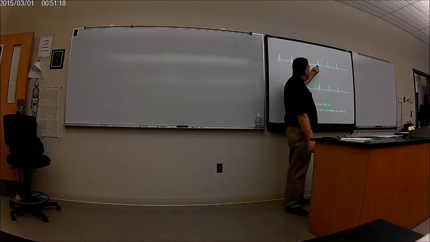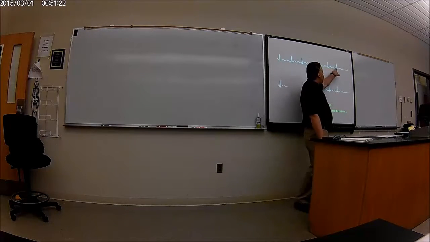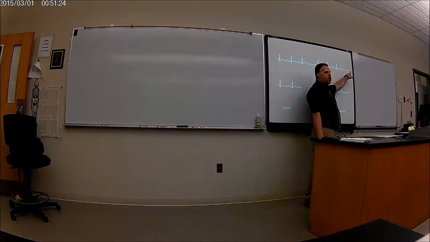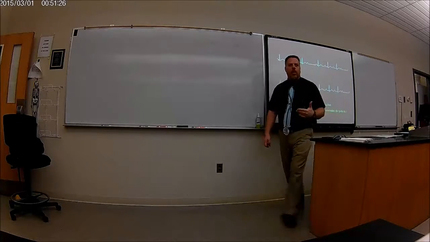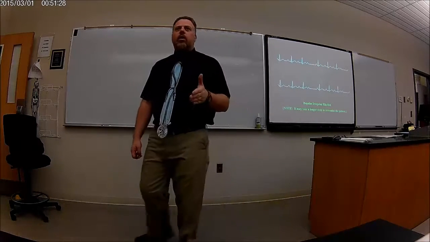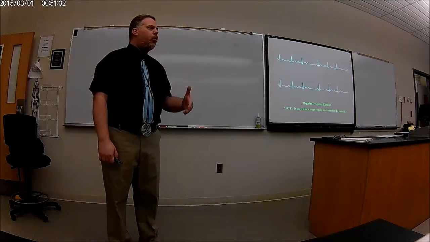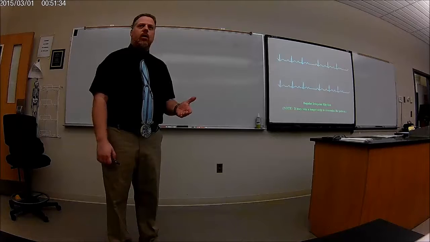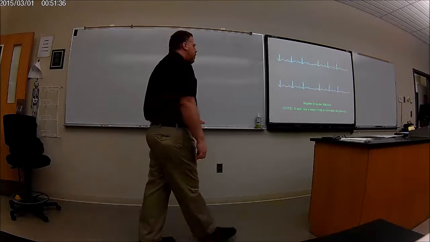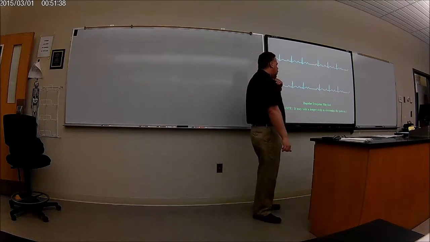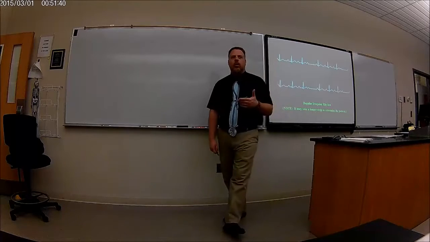The PR interval is very small. This one here, it's longer. This one here, it's longer. This one here, it skips. There's a pattern going on here. It's still irregular, but there's a pattern that's going on. Every third one, it skips a beat. All right? So we say that's regular, irregular.